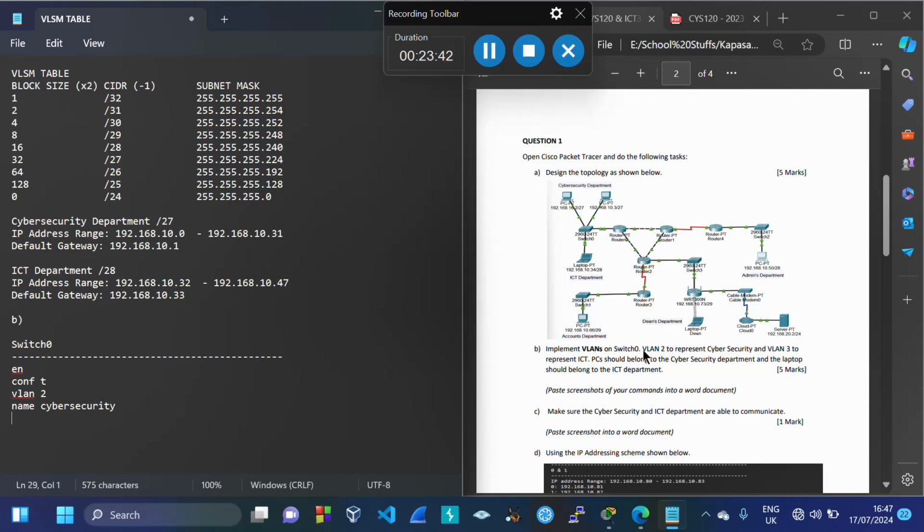Enter. Now remember, we need to create another VLAN, which is VLAN 3 to represent the ICT department. I'll copy this, then create another VLAN, this time VLAN 3. Then we give it the name ICT to represent the ICT department. Now, we've created the VLANs.